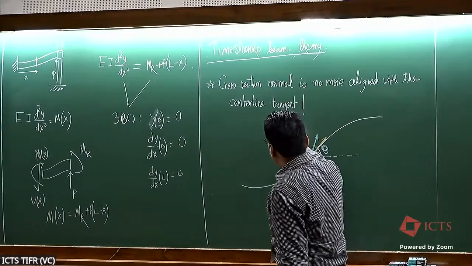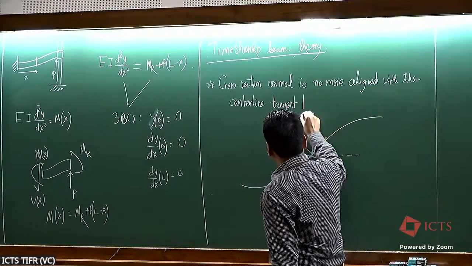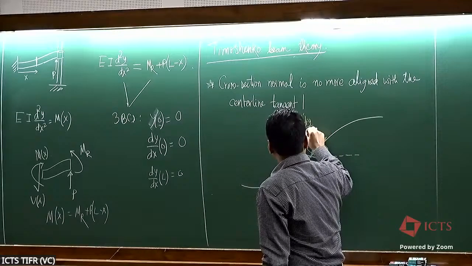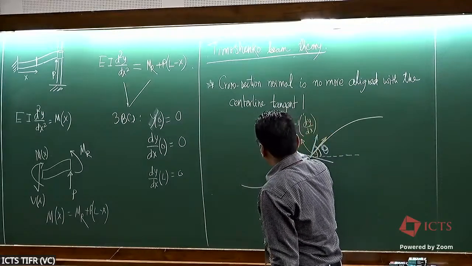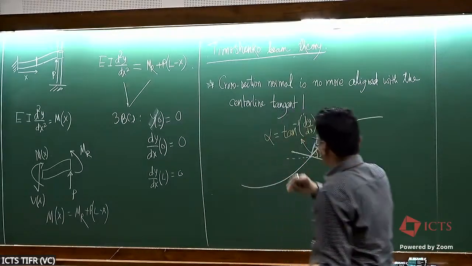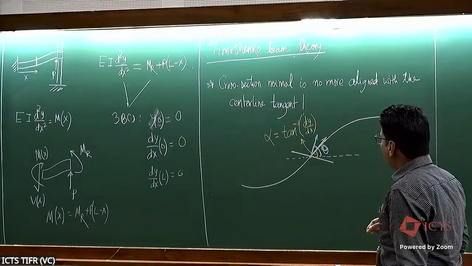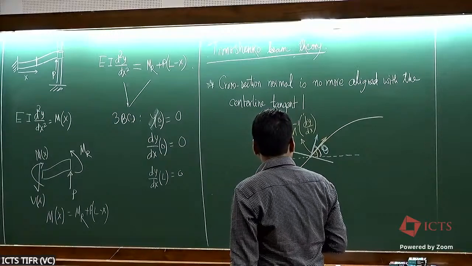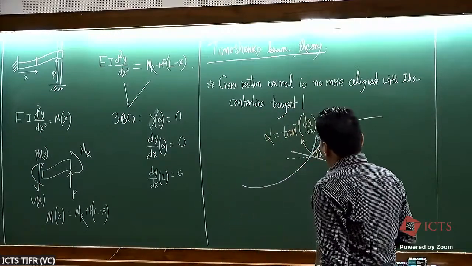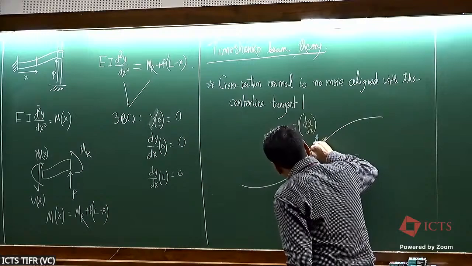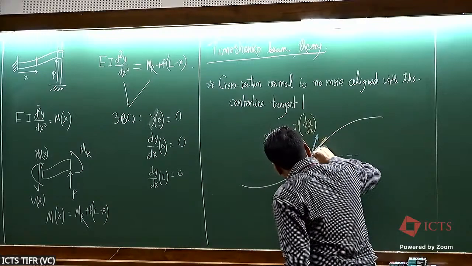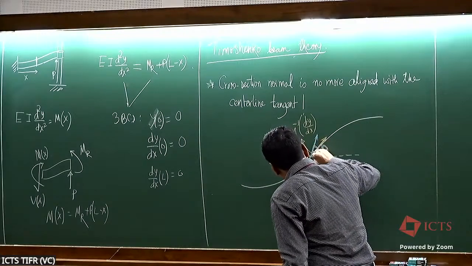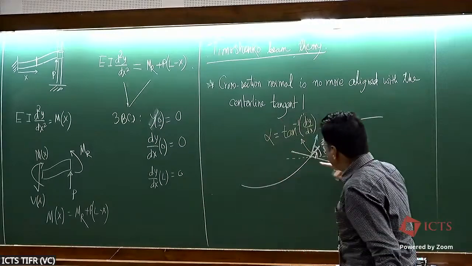Tan inverse dy by dx, isn't it? Let's say that's alpha, then alpha is equal to tan inverse dy by dx. And the angle between the blue line and the cross-section is 90 degrees.